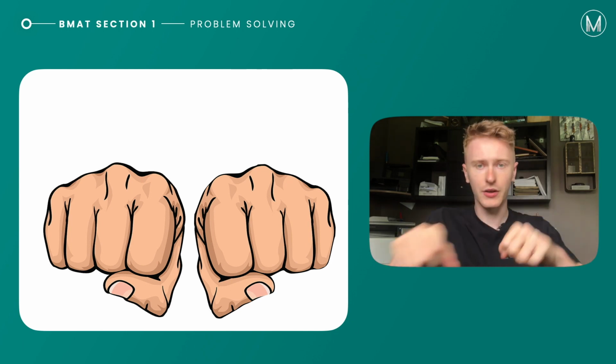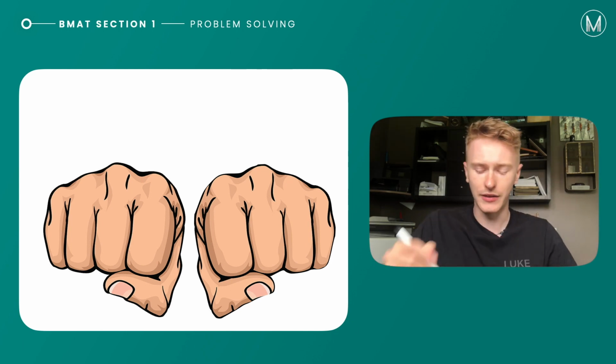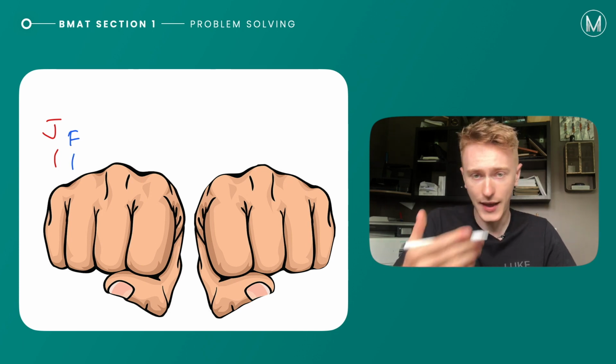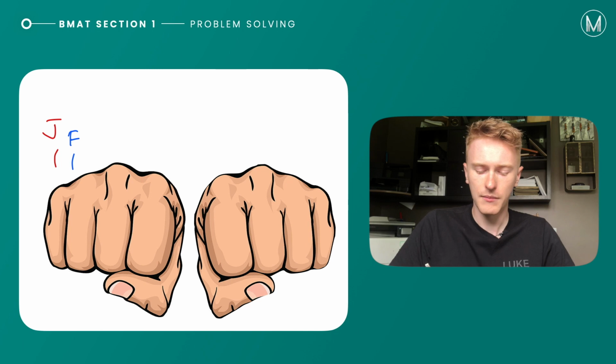So if you put out your knuckles like this and you start counting across, we see that January falls on the first knuckle. That means that it has 31 days. February falls in between the knuckle. That means that it has 30 days. March falls next on the knuckle, which means that it has 31 days. April falls in between the knuckles, 30 days.